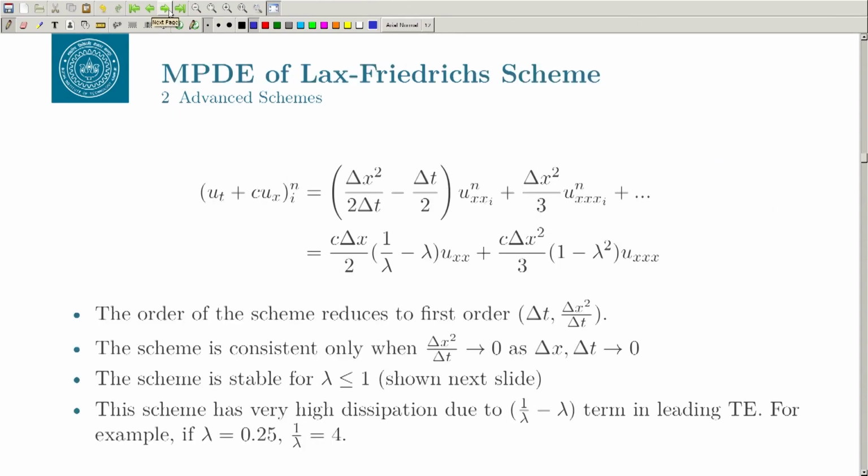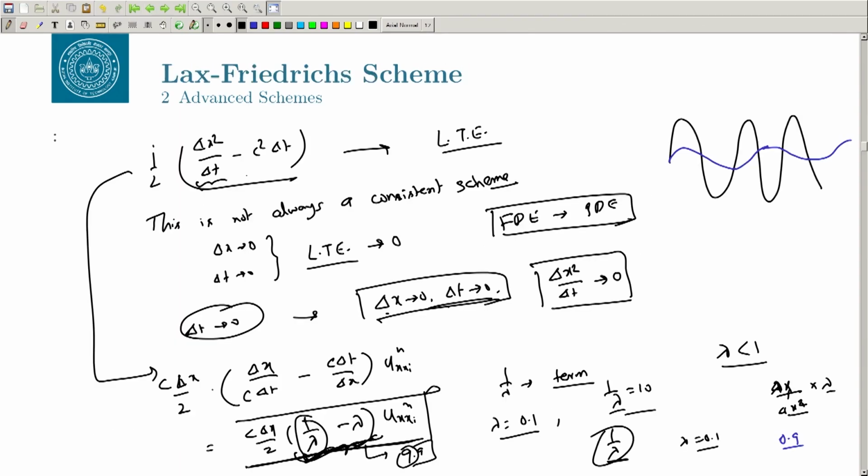The other thing you can check here is the order of the scheme. Because we approximated u_i^n with u_{i+1}^n and u_{i-1}^n, the accuracy reduces to first order, which is delta t and delta x square by delta t, as we saw in the last slide when you look at the modified PDE.